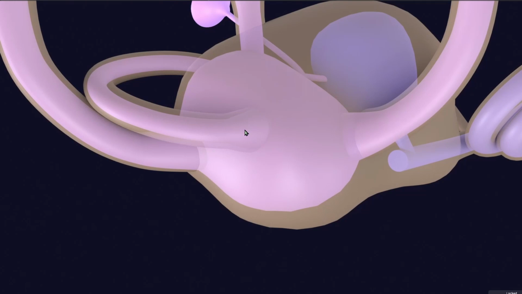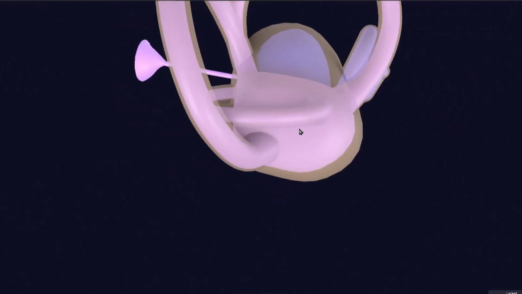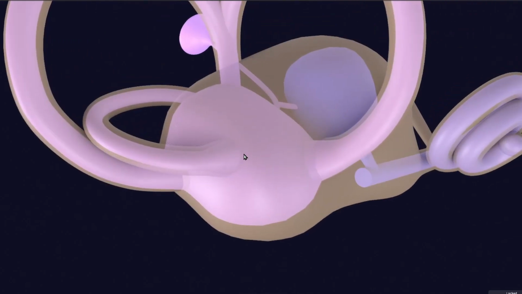Within the ampulla, the sensory organs develop, the sensory receptors develop, and these sensory receptors are involved in sensing angular acceleration. Today we will discuss how these sensory organs develop, and then briefly we will talk about how they work.